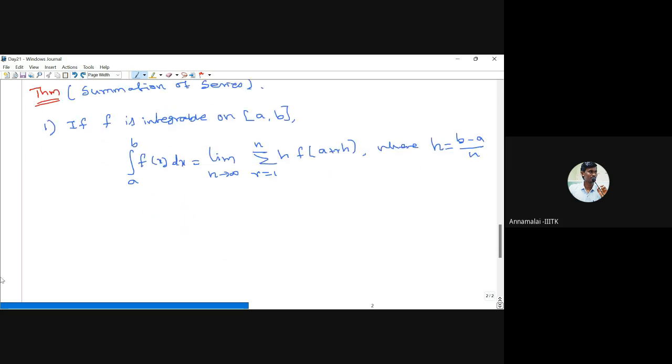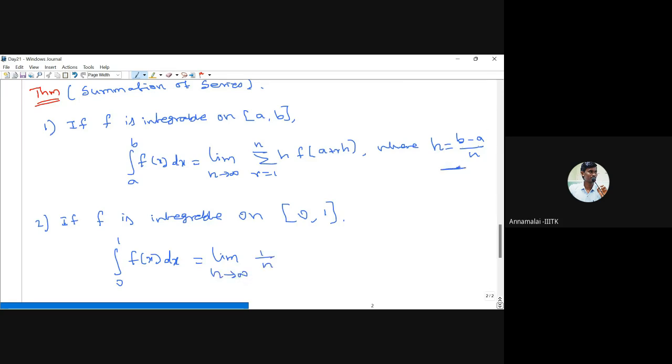Now the particular case of this: if you take the closed interval [0, 1]. Mostly they ask the question with the closed interval [0, 1]. So in the particular case, if f is integrable on [0, 1], then the integral from 0 to 1 of f(x) dx is the limit as n goes to infinity of 1/n, because substituting b is 1, a is 0, (1 - 0)/n, that is 1/n.